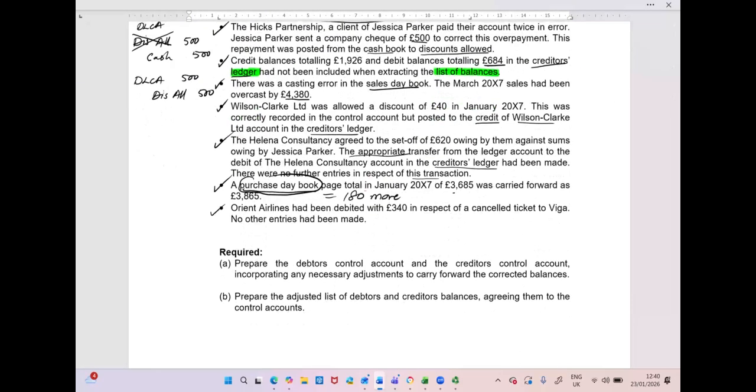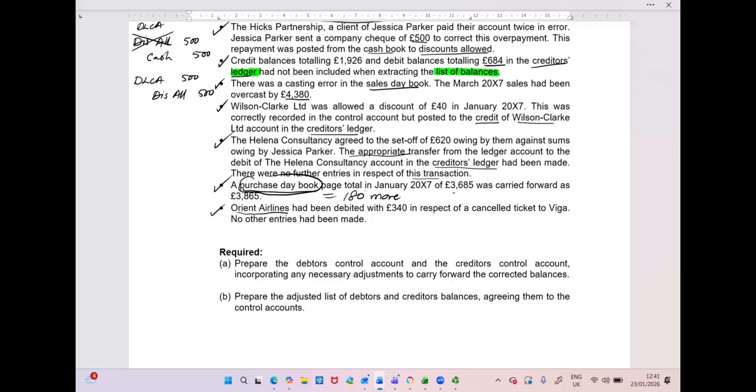The last one is Orient Airline had been debited with 340, in respect of cancelled ticket to Viga, no entries have been made, so 340. So it says Orient Airline.